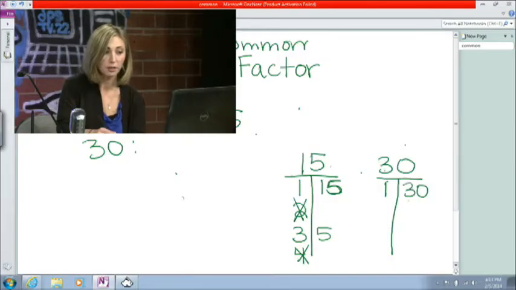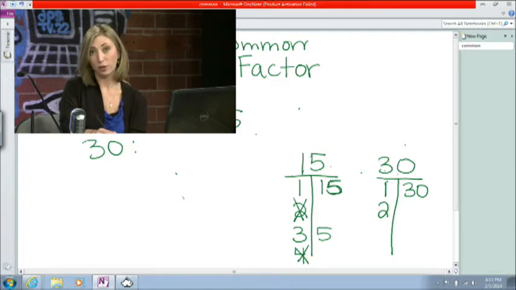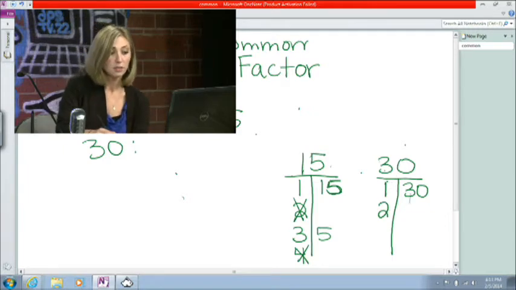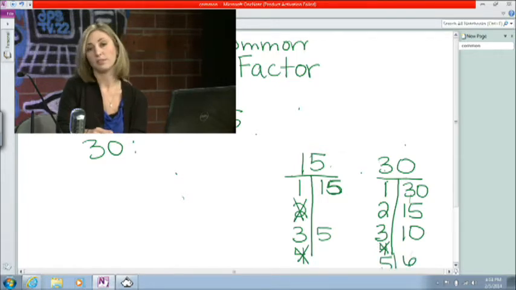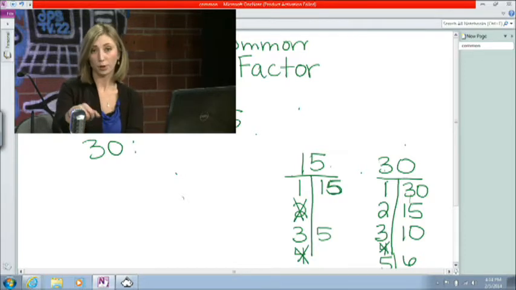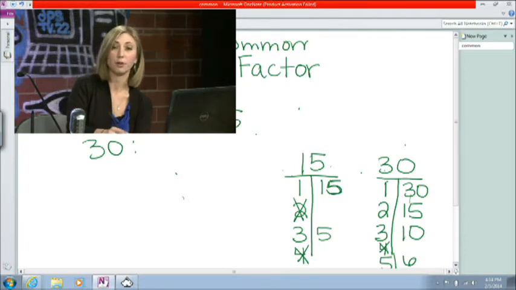So we're going to do the same for 30, because we need to find out what the common factors are. So we need the factors of 30. We have 1 and 30. We know 2 goes into 30 because 30 is even, so 2 times 15. 3 goes into 30, 3 times 10. 4 does not go into 30. Then we have 5, and 5 times 6 gives us 30, and we've gotten to the point where we are repeating factors, so now we know that we have them all.